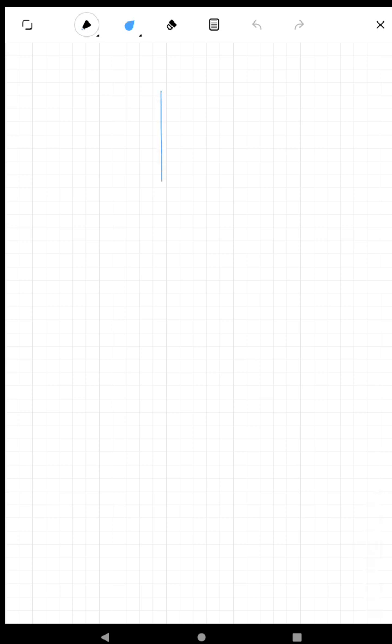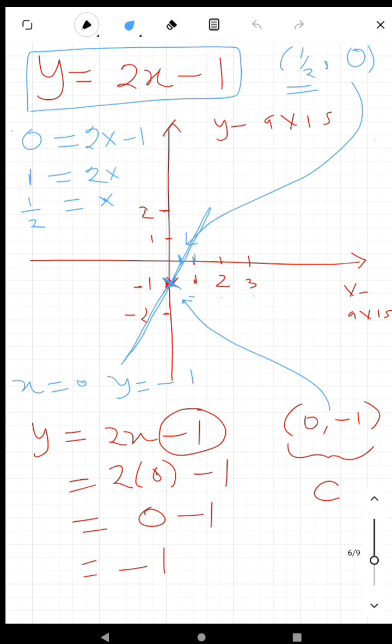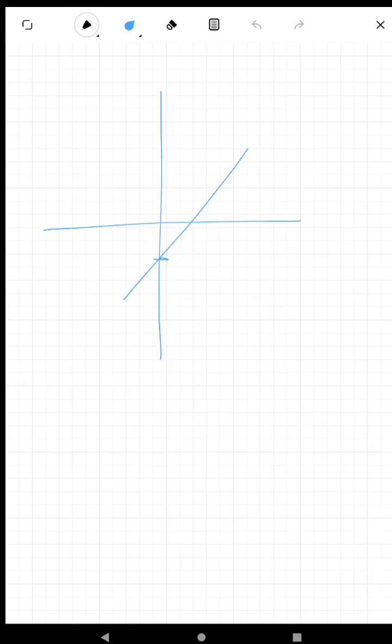So what we simply have is an equation that looks like this. It crosses this point at 0, minus 1.